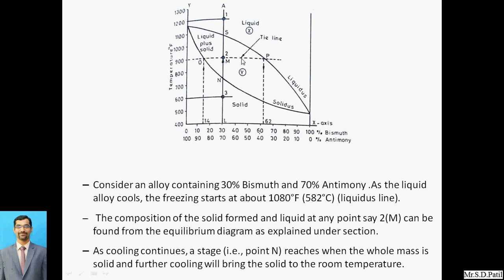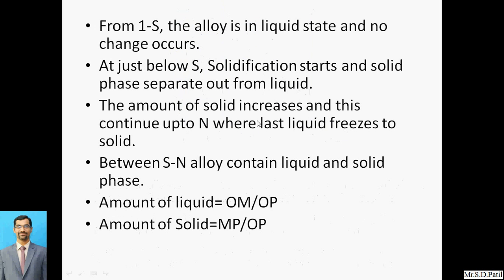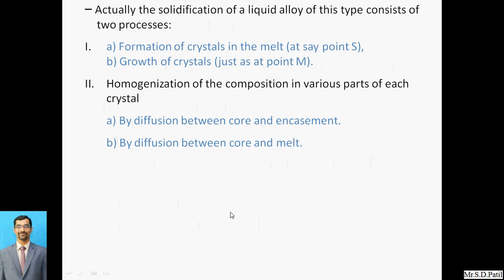So this will be the opposite arm, from point M to P, MP, or you might say 2P, because 2 and M are the same point. So M to P divided by again the total line OP. So we only have to use the lever arm principle in this case.